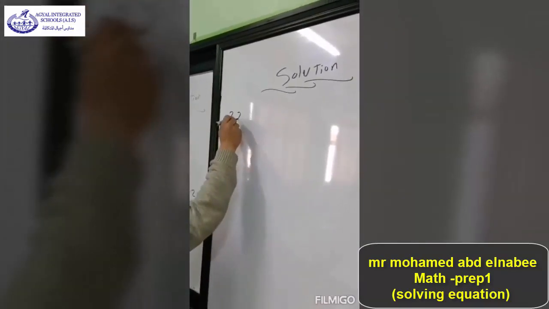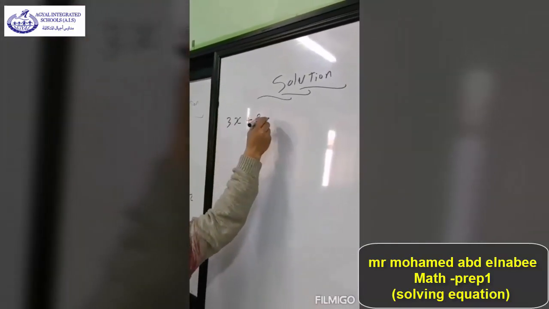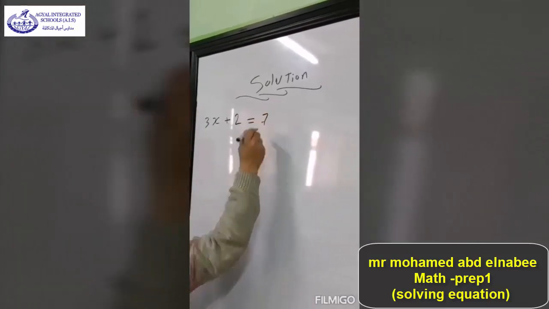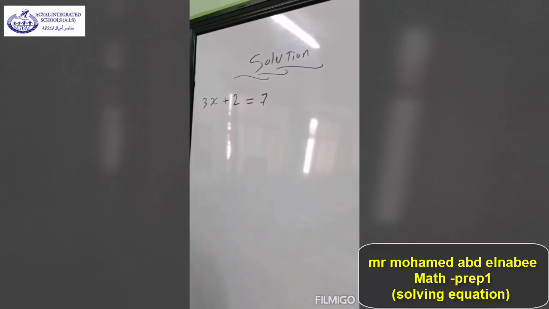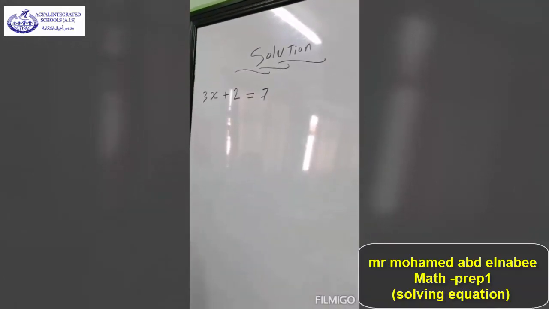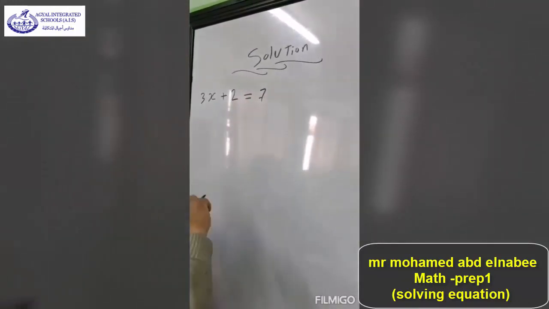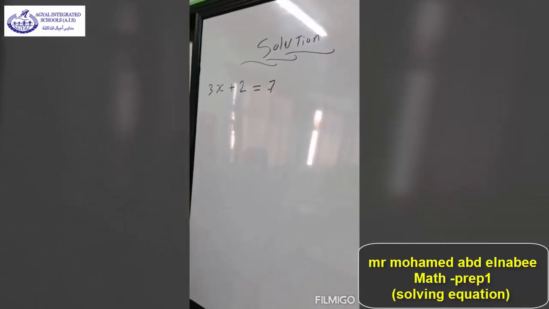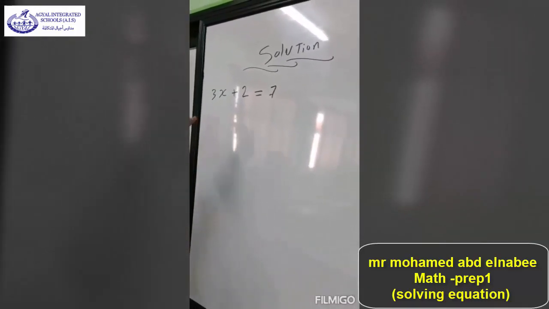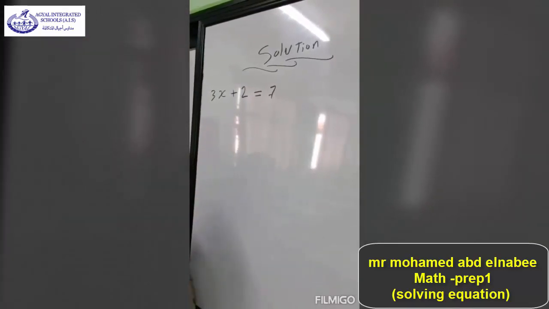3x plus 2 equals 7. Now, as we said in the first part, we take the opposite operation. I said at the start of this lesson, we have two methods. Number 1, we directly translate by opposite operation.